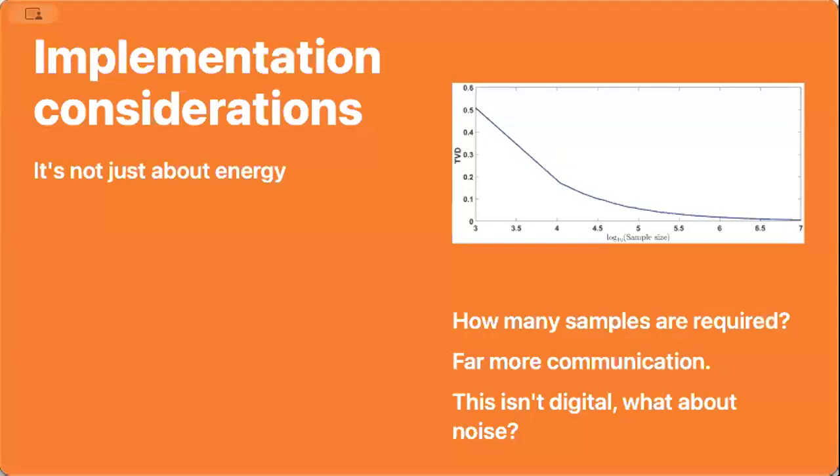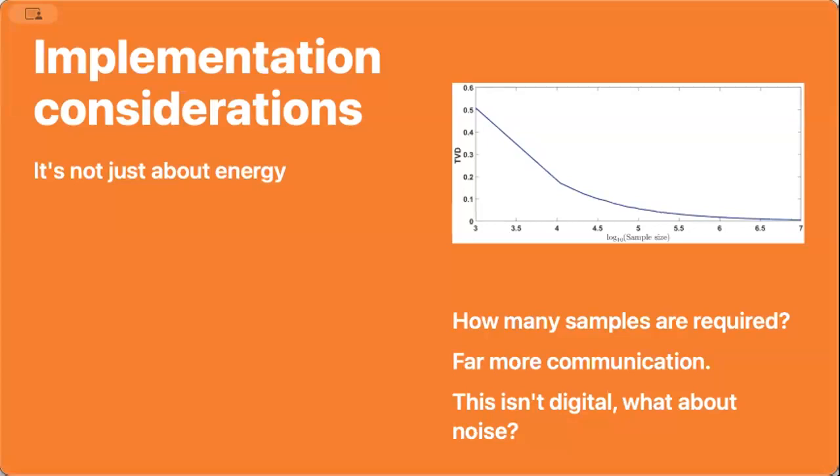So 10 to the 6, that's a million samples to get towards the end of that tail, where those samples are very closely representative of the expected probability distribution. So the exact number of samples that you're going to need will depend ultimately on how much confidence you want to be able to differentiate between nodes honestly or dishonestly executing the protocol.